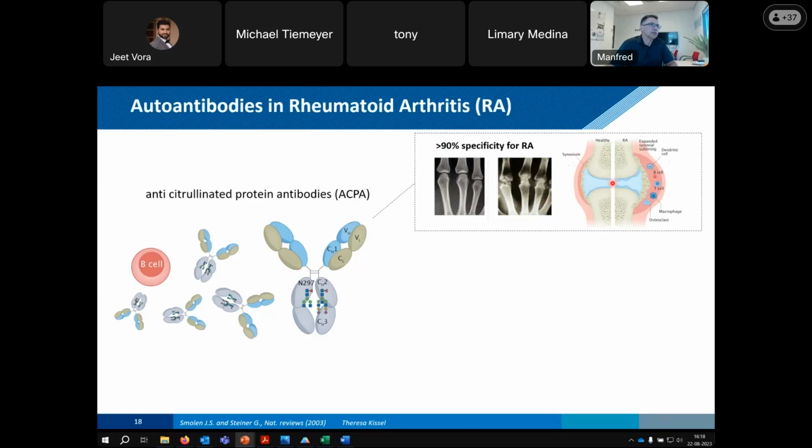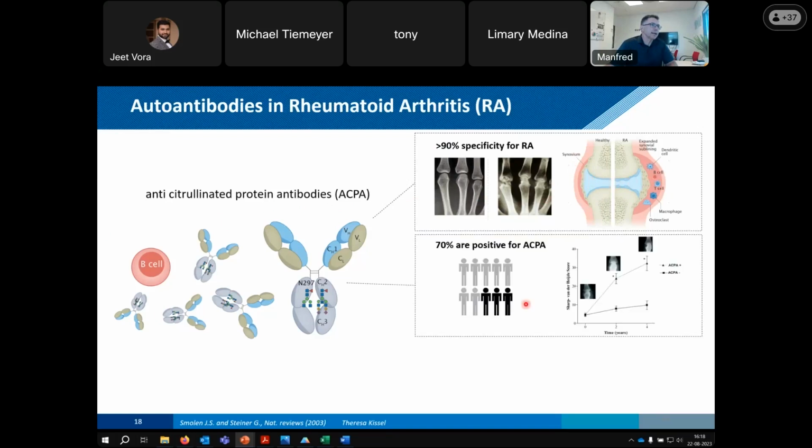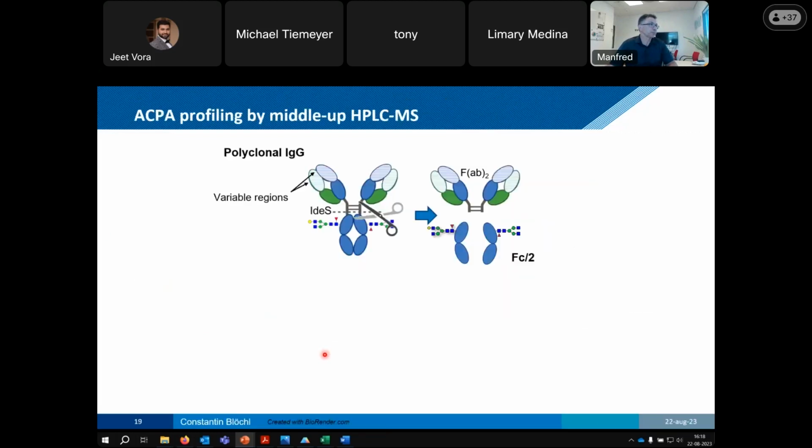So these antibodies are then secreted into the synovial fluid. The antibodies are prevalent, so most of the RA patients do have these autoantibodies. And they are directed against citrulline, an enzymatic modification of a peptide backbone. It could be any protein in this inflamed joint, which is modified by the enzyme, and then the epitope is generated and targeted by these antibodies.